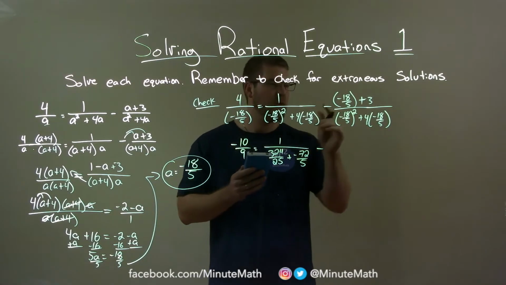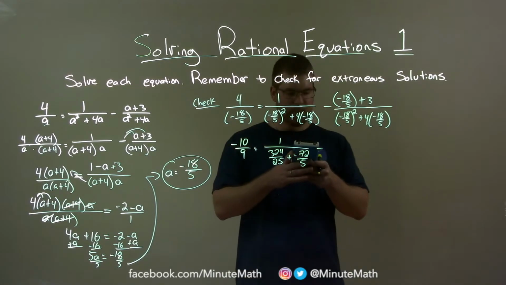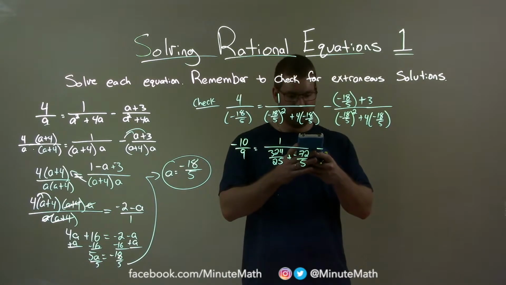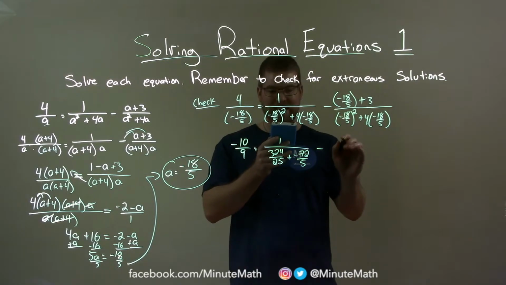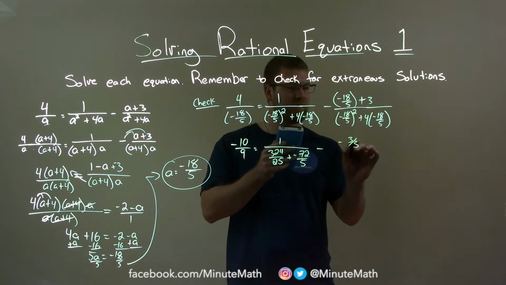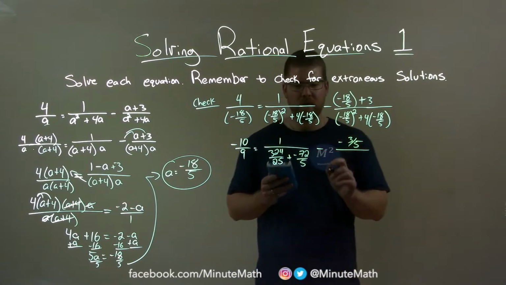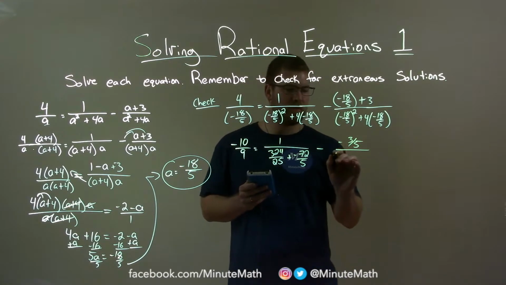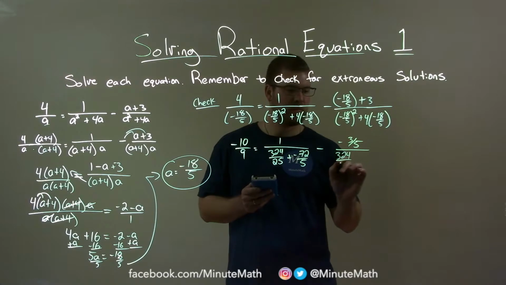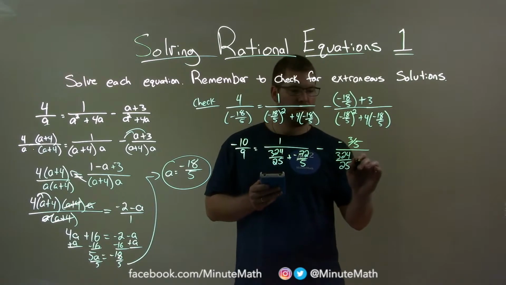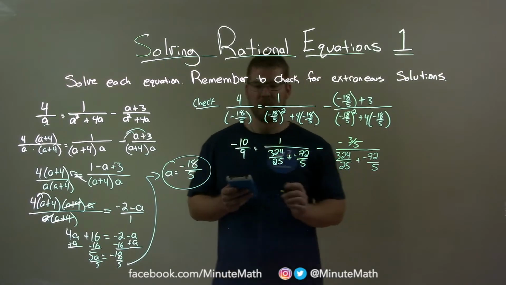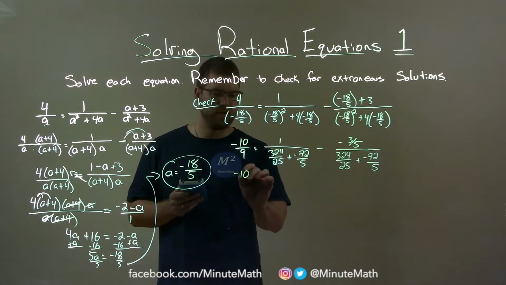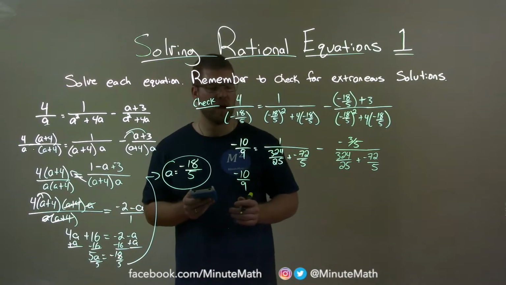Okay? Right hand side, negative 18 over 5 plus 3, and that as a fraction is a good old negative 3/5. Over, this denominator will be the same as this one, so 324 over 25 plus a negative 72 over 5. Let's keep going, left hand side, keep it the same, negative 10 over 9.